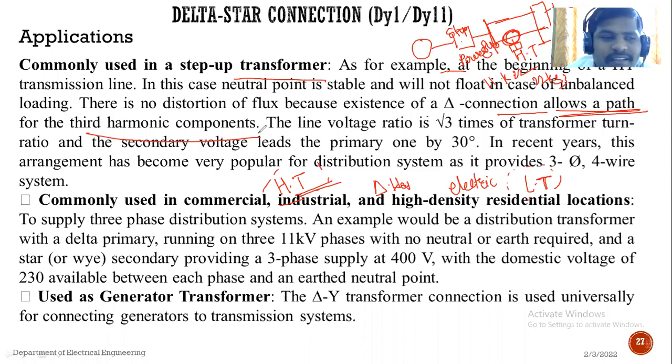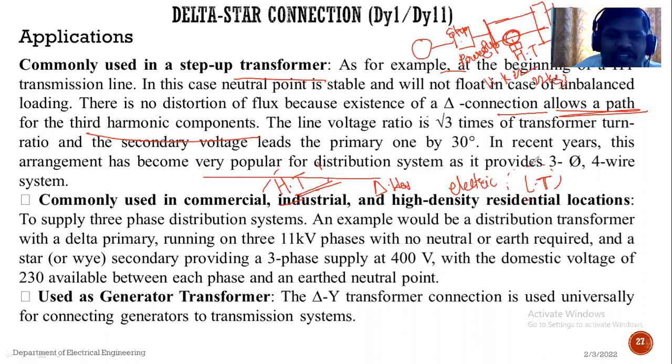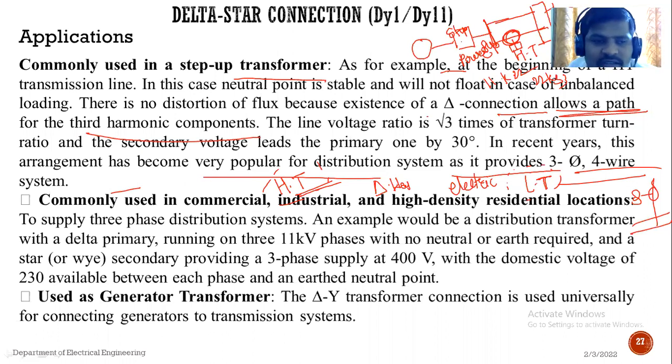In recent years, this arrangement has become very popular in distribution systems as it provides a 3-phase 4-wire system. So it is a popular type of connection.